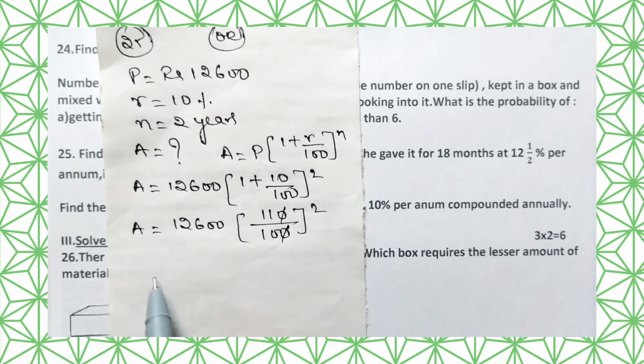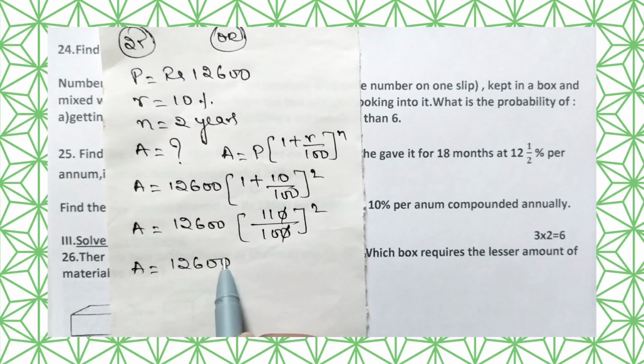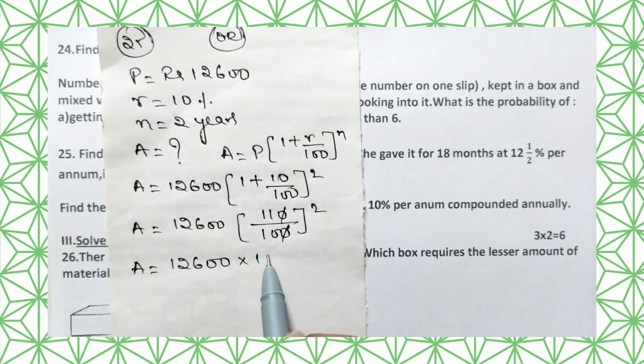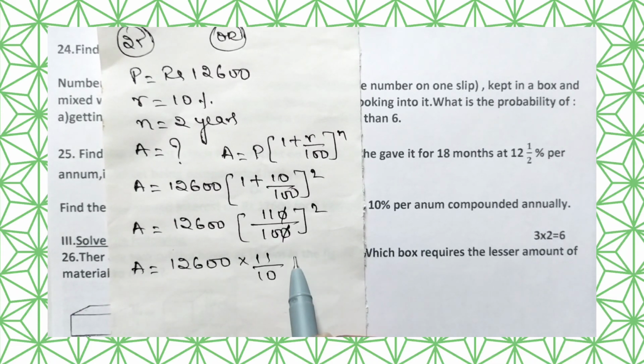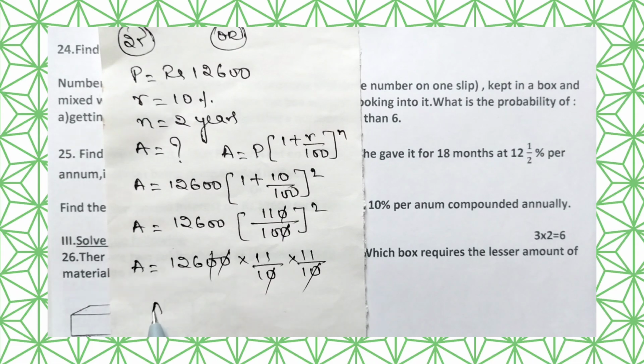Here 1 0, here 1 0 cancelled. So total amount is equal to 12,600 into 11 by 10 into 11 by 10. So 1 0, here 1 0, here 1 0, here 1 0 get cancelled. So total amount is equal to 126 into 11 11s become 121.